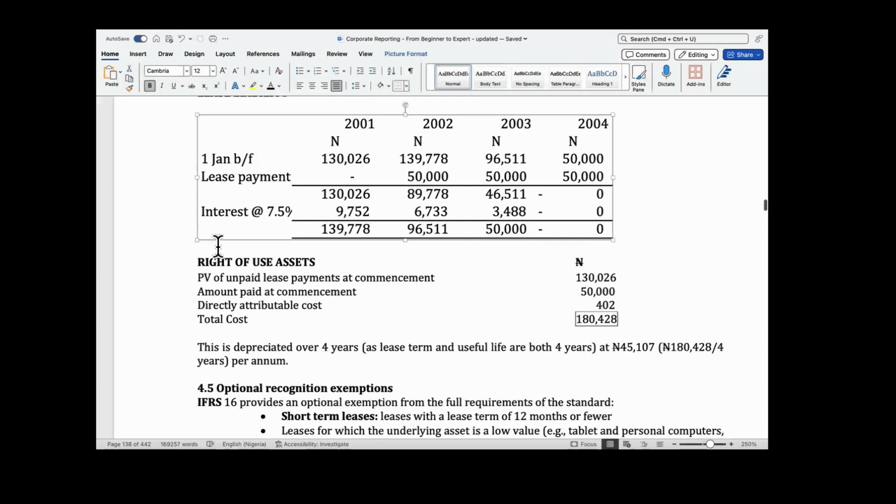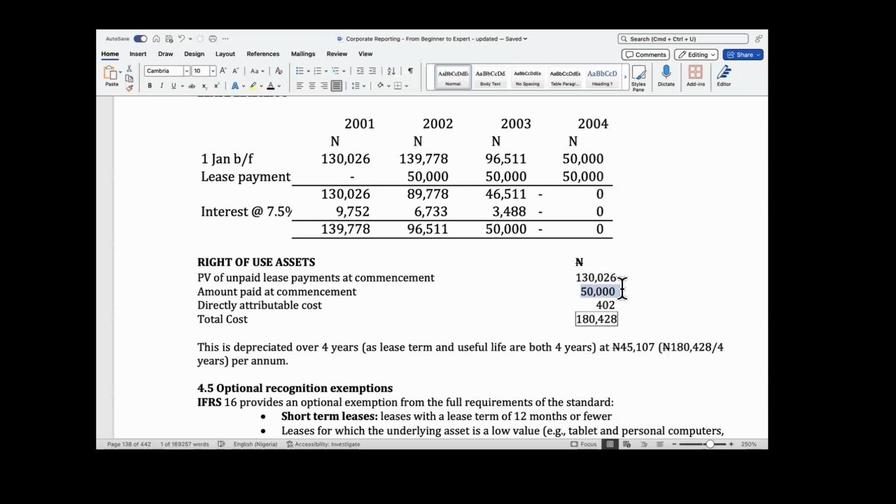Then the right of use assets. The right of use asset is initially measured at the present value of the unpaid lease rental at the commencement date, which in the question was given as 130.026. Then you are going to add the amount paid at the commencement date, which is 50,000.